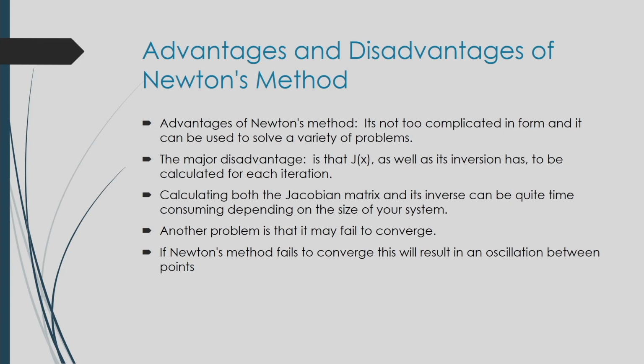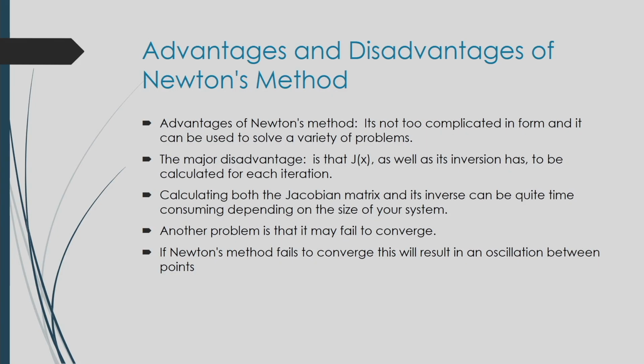The major disadvantage is that the Jacobian matrix as well as its inversion has to be calculated for each iteration. So, it will take a long time to finish, and calculating both the Jacobian matrix and its inverse can be quite time consuming, depending on the size of your system.